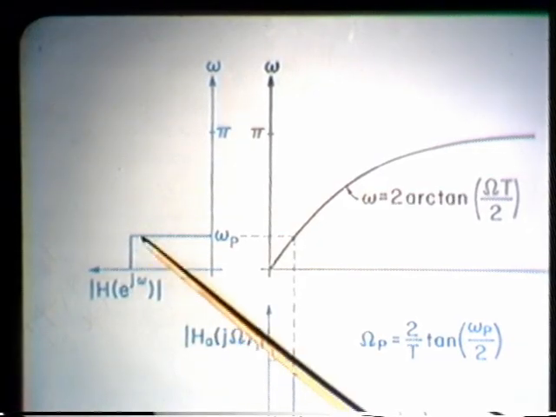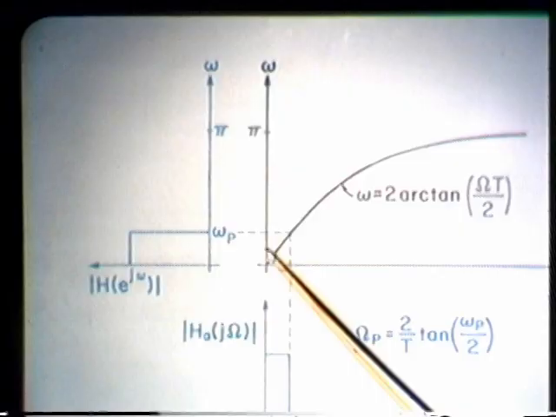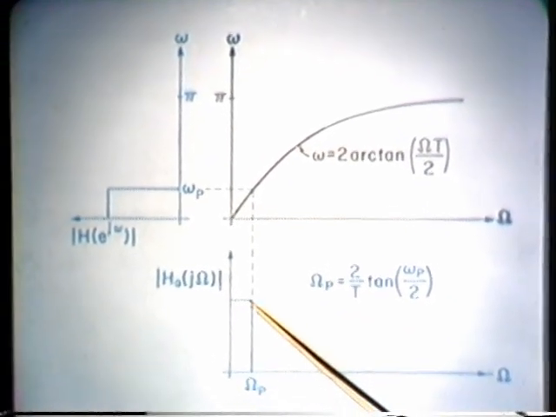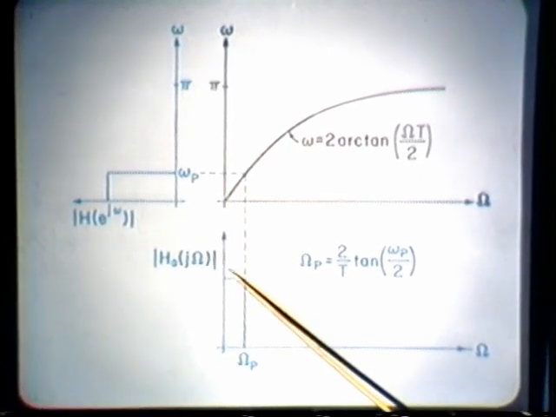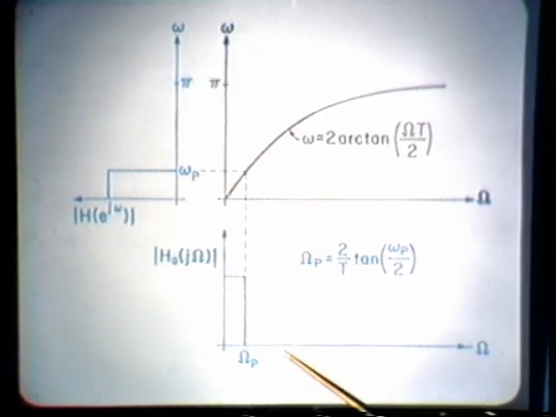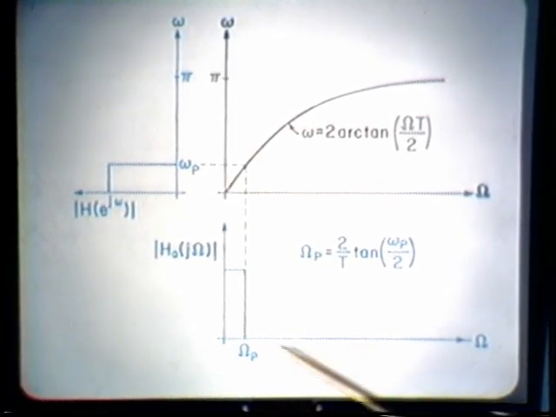Well, clearly, this part being constant gets reflected through this nonlinear frequency curve into a constant analog frequency characteristic. Similarly, the stop band gets reflected into a constant amplitude, in this case 0, in the analog frequency response.